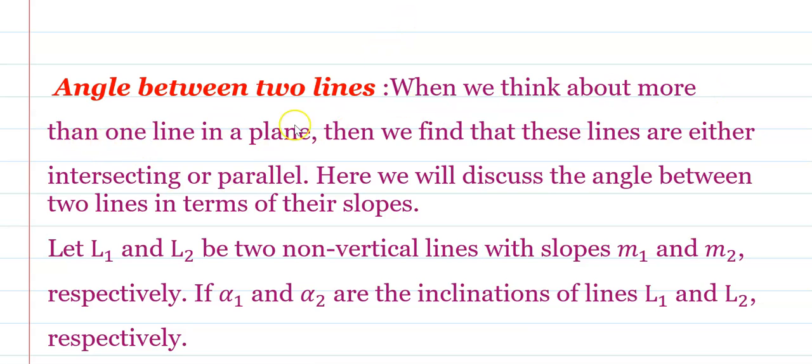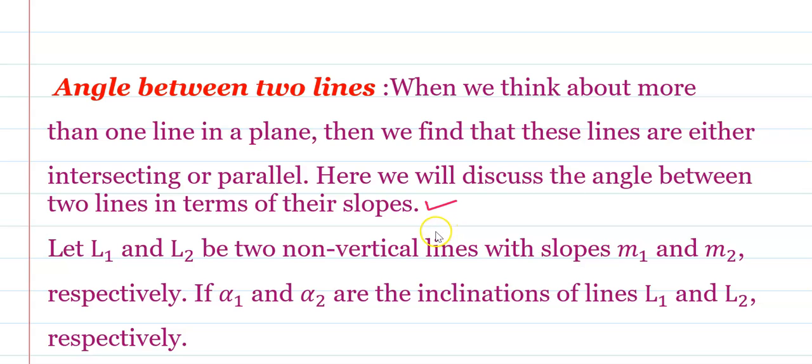When we think about more than one line in a plane, then we find that these lines are either intersecting or parallel. Here we will discuss the angle between two lines in terms of their slopes.